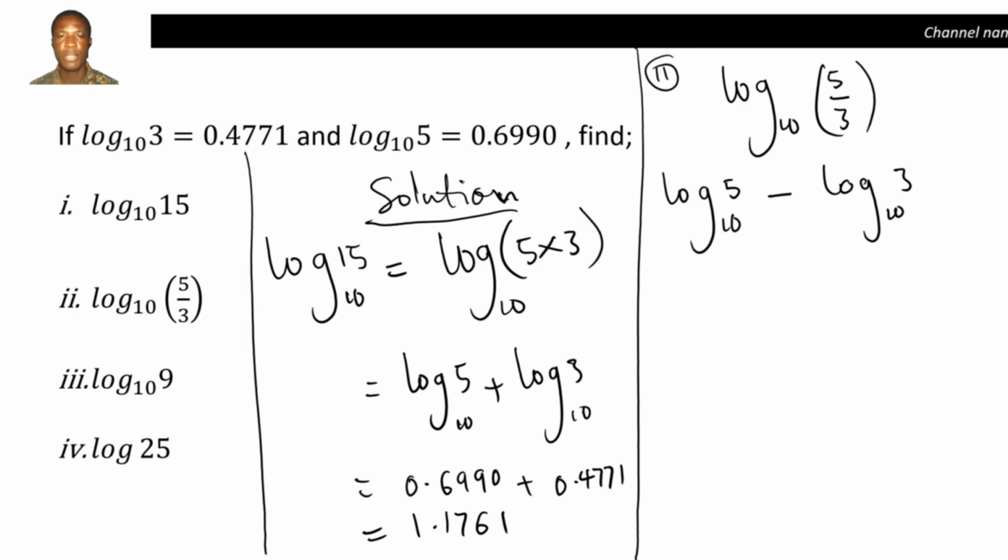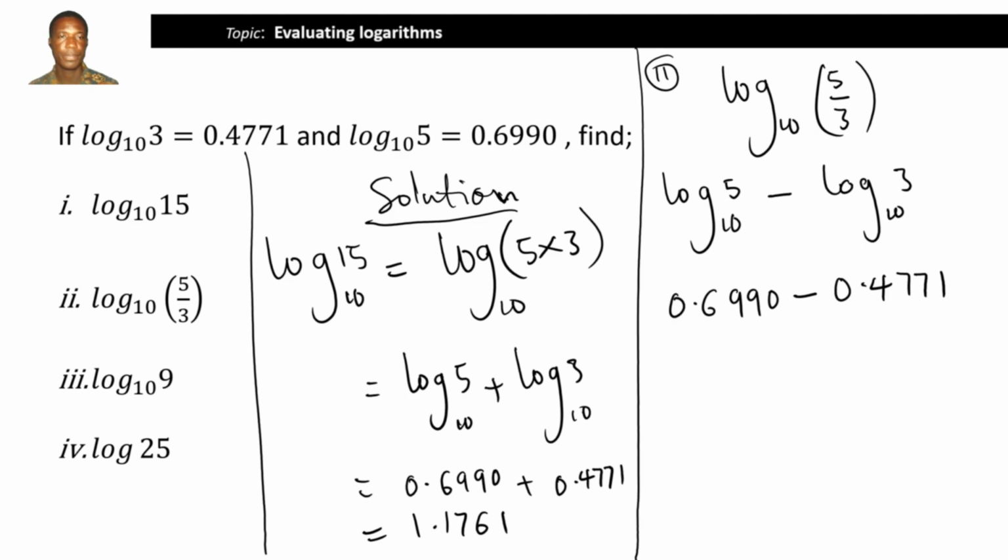And we substitute the values 0.6990 minus 0.4771, and that gives us 0.2219.